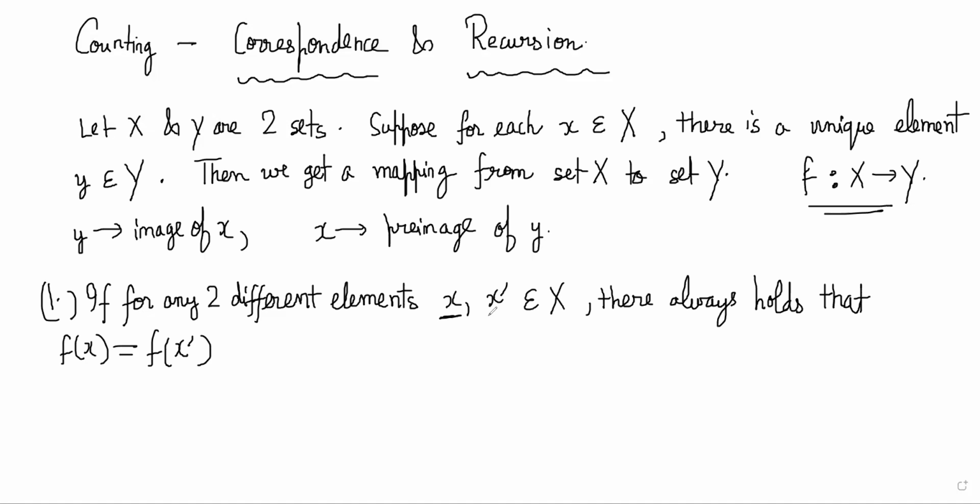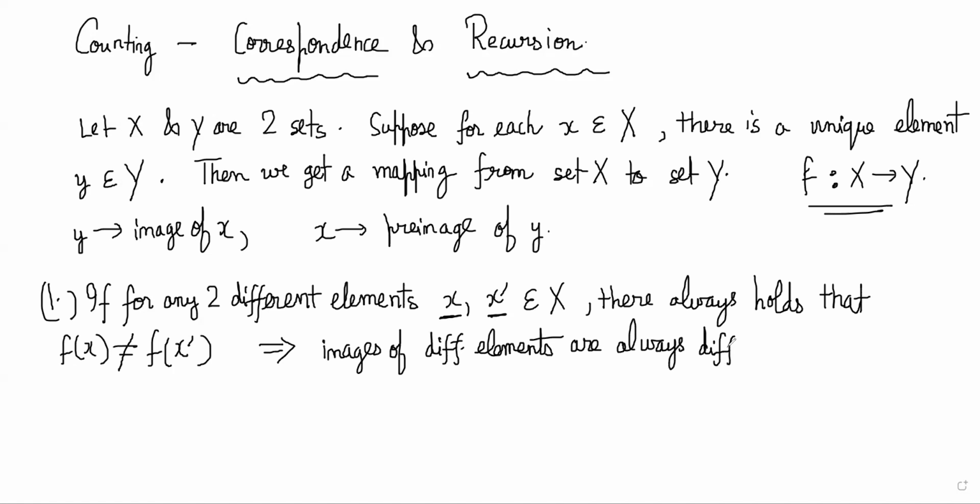If there are two different elements in set X, the images of both of these elements can never be equal to each other, that means that we have a one-to-one function. So images of different elements are always different. That is the type of function known as a one-one function.